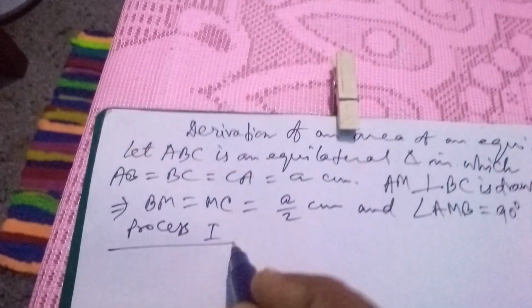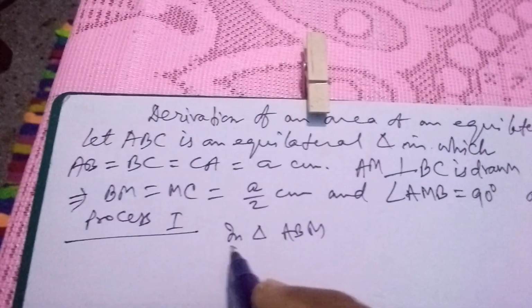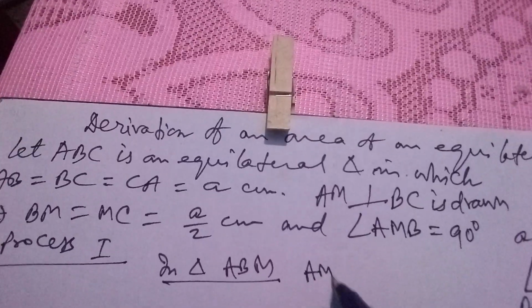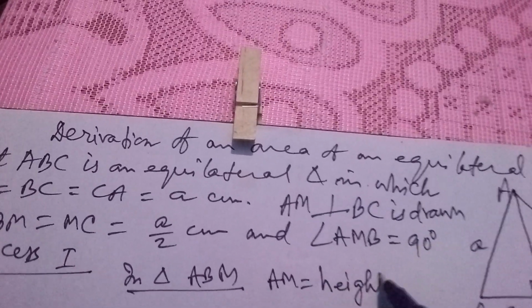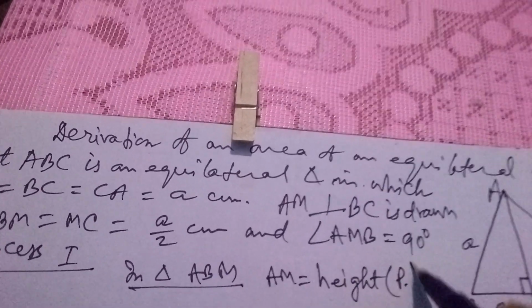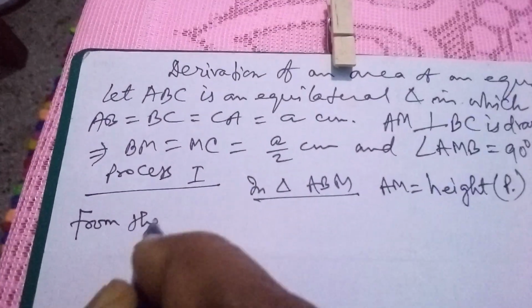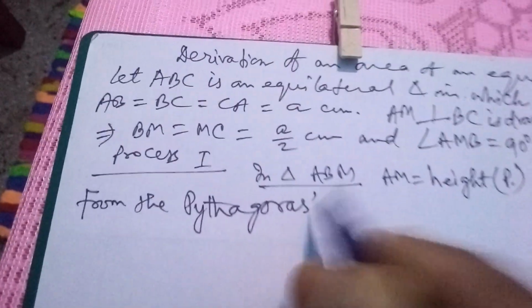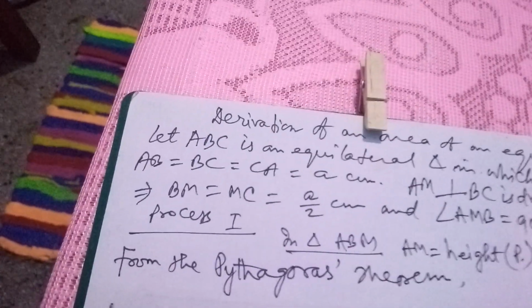Now the first process. In triangle ABM, we find that AM is the height, that is, the perpendicular. From Pythagoras' theorem, what do we know?